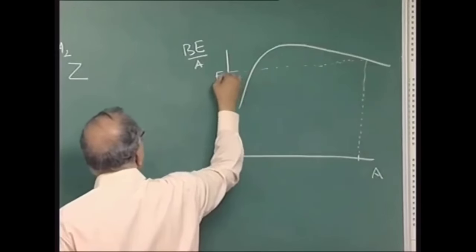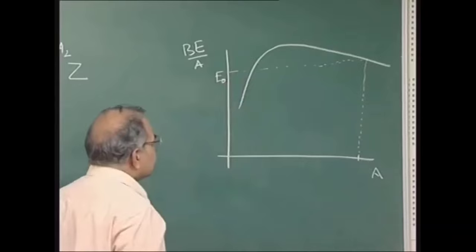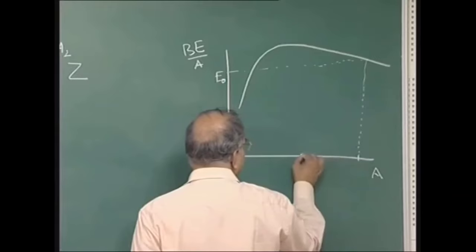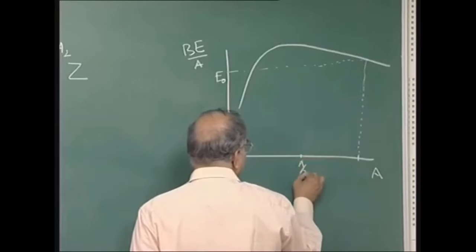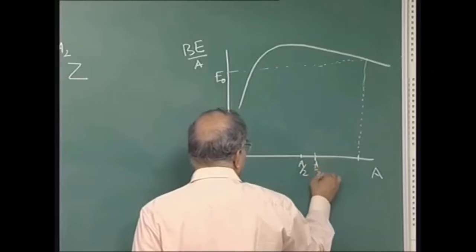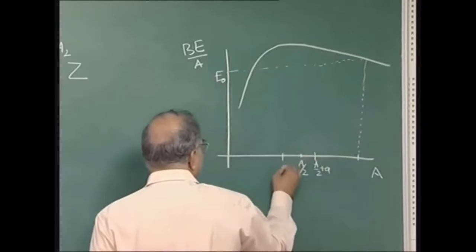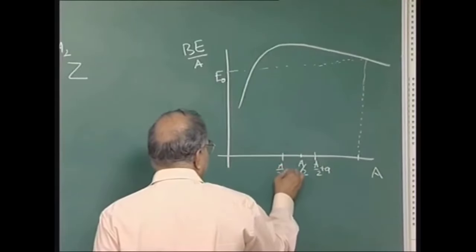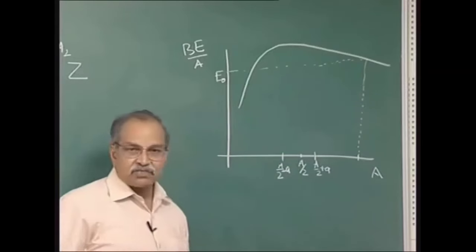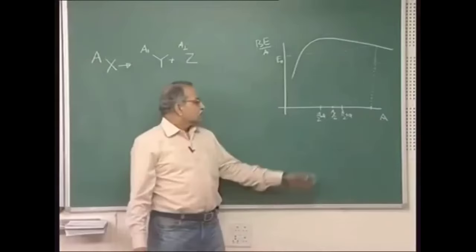Say this is E1 or E0, and then you have A by 2. So, somewhere here A by 2, and then one fragment is say here A by 2 plus a, another fragment is here A by 2 minus a. For the time being, I am not considering the neutrons which are emitted.